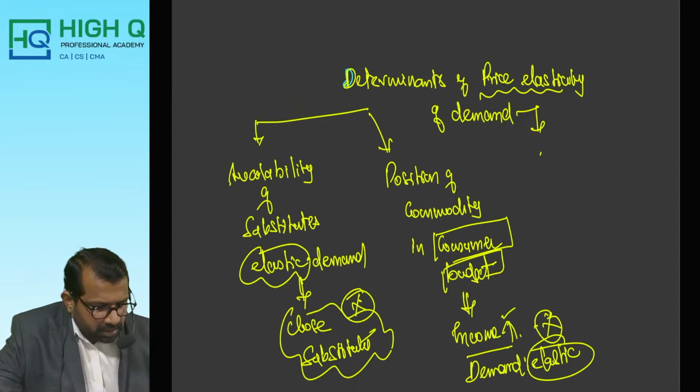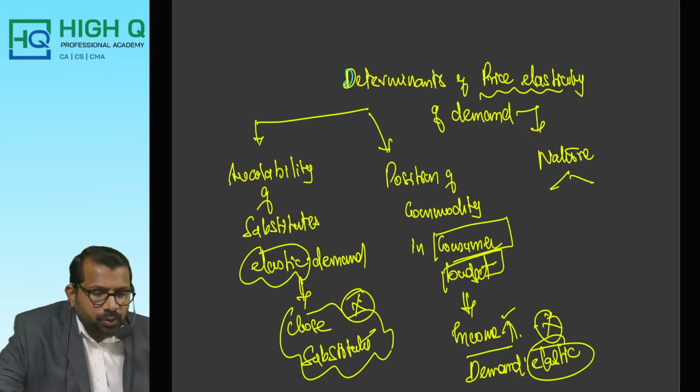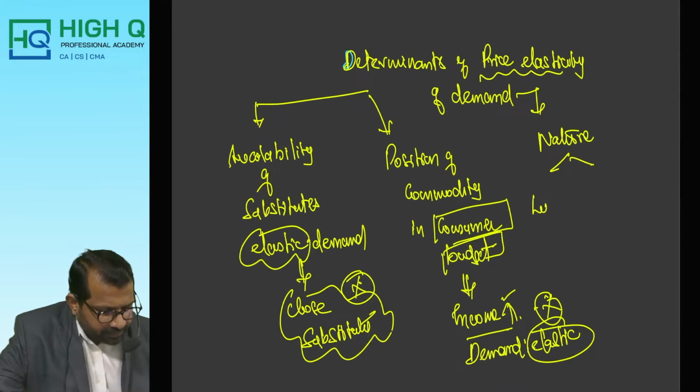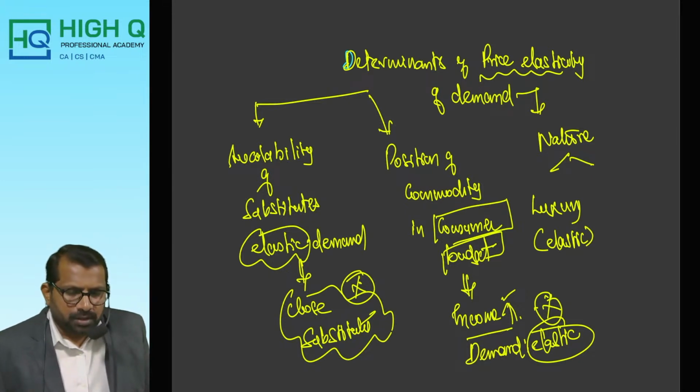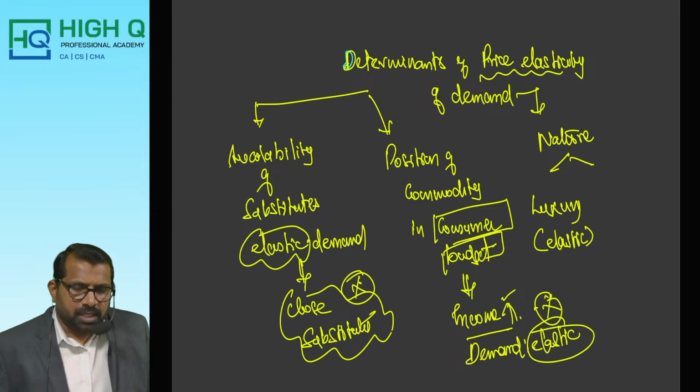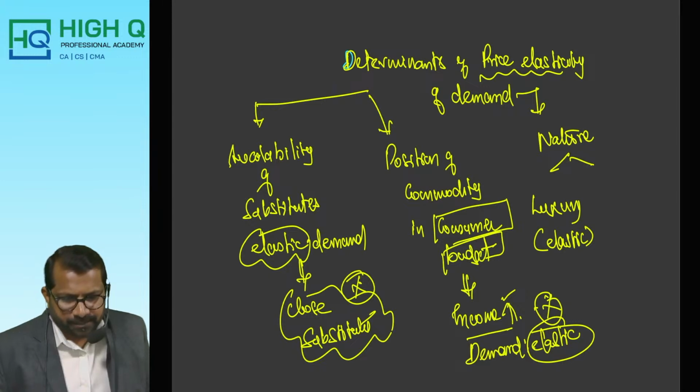And the third one, the nature of the good. There are two important points. One is that for luxury goods, demand is always elastic. The meaning of elastic is that the quantity demanded is likely to change when the price changes by a large amount.